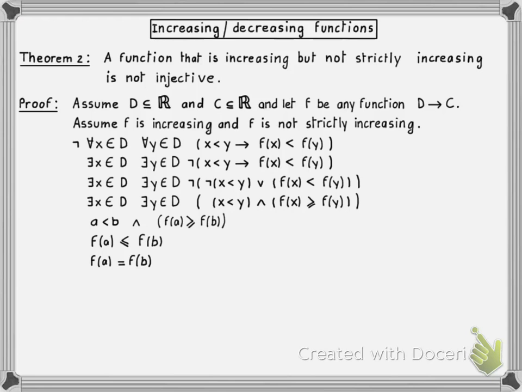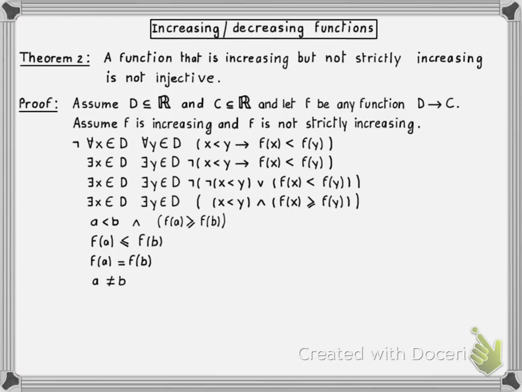So what does that mean? Well, let's keep going. One thing we can infer from the fact that a is less than b is that a is different from b, obviously. And so now we can combine these two propositions to infer that a is different from b and f of a equals f of b, where a and b again are these two arbitrary constants in the universe.